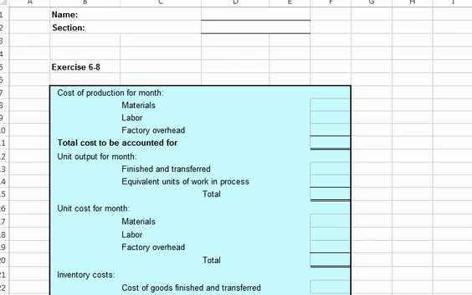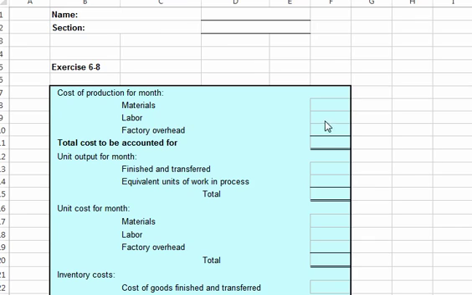The following summaries were prepared for March. Given this information, they want us to calculate the unit cost for materials, labor, and factory overhead for March, and show the cost of the units transferred and in process.